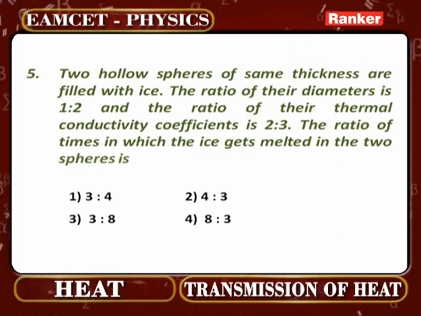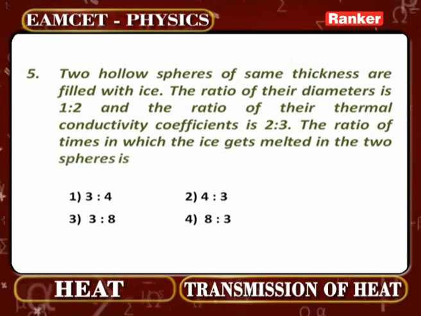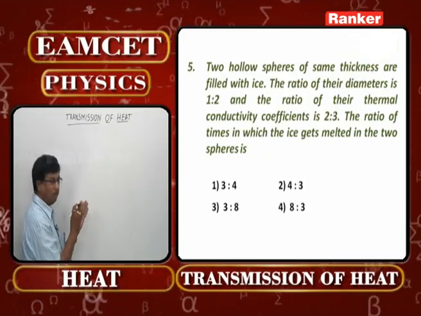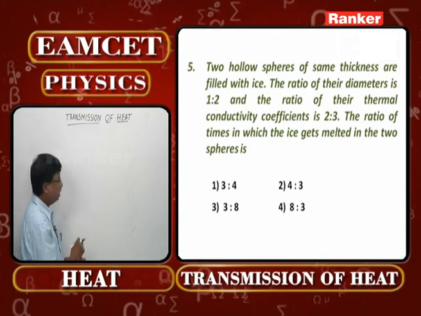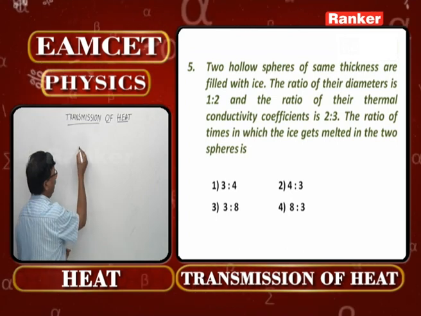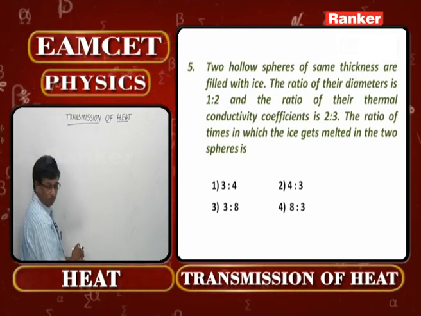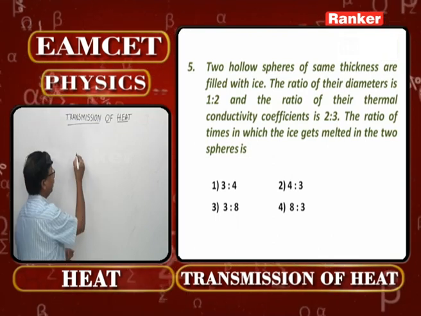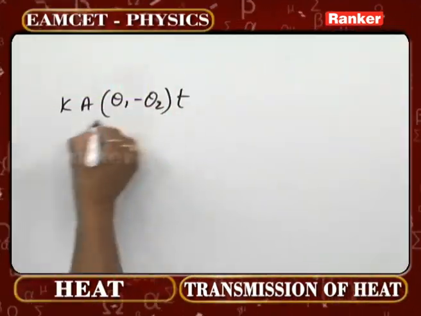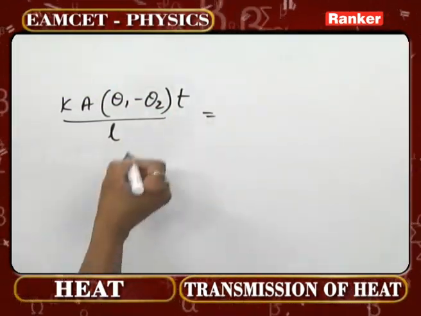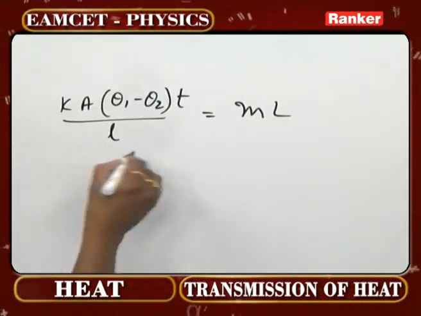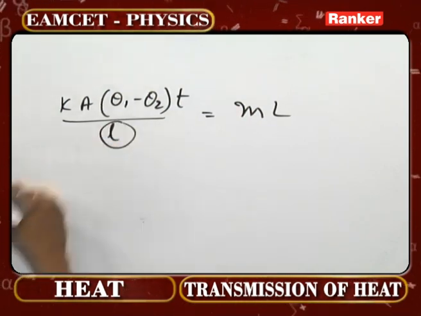Now he is giving you two spheres. Their radii are different. Radii being different means the amount of ice taken in each sphere also differs. So we can understand directly in this particular case, the ice should be melted. That means the quantity of heat energy passing through, you can say K into A into (theta 1 minus theta 2) into T by L, is going to be equal to M into L. But if you carefully observe, he is talking about the same thickness.